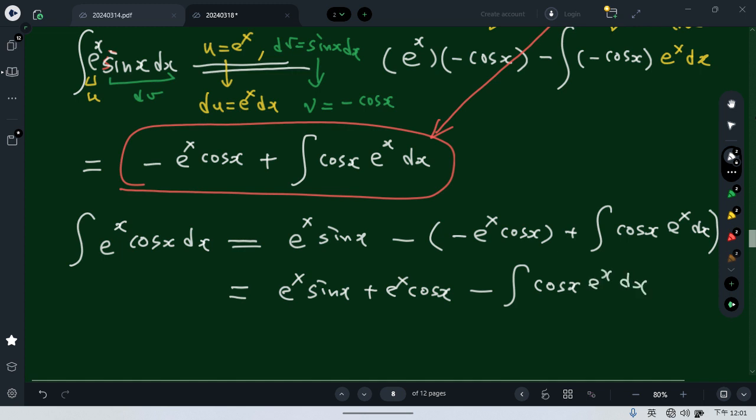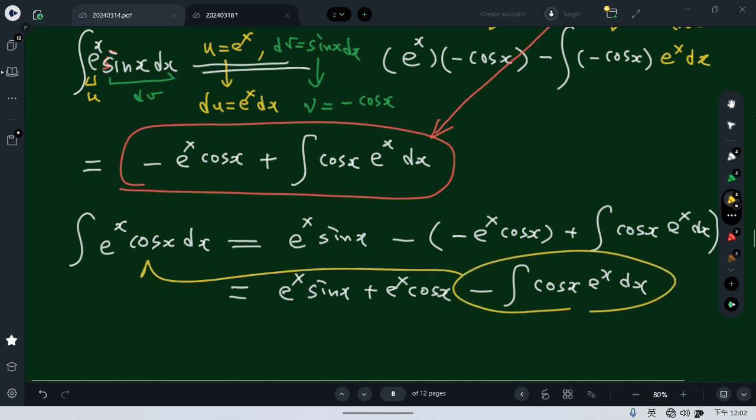So you may think, wow, we need to replace u and v again. No, right now we just simply put the term to the left hand side. So finally, we just put this term to the left hand side.